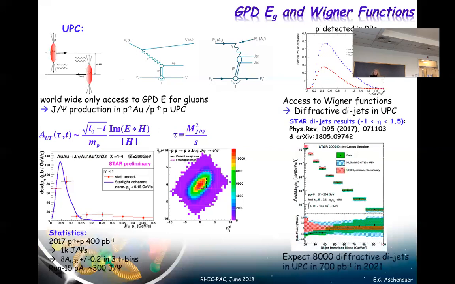And if you do, instead of producing a J/psi, two di-hadrons in the final state, we can do di-hadrons. We have shown that for back-to-back and up and down in RHIC very well.